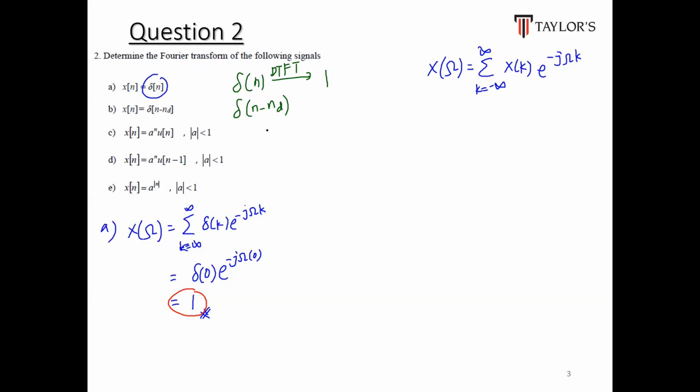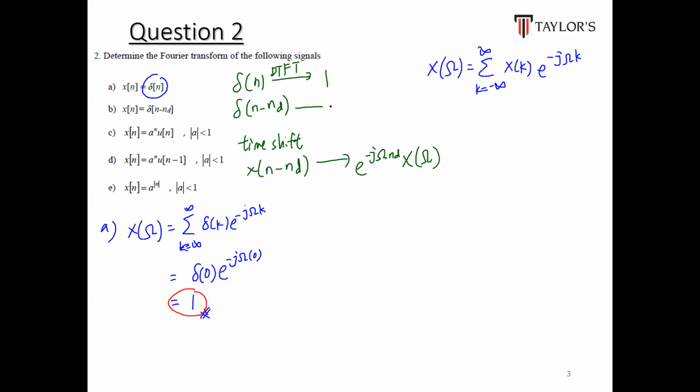In this case, we need to apply the time shift property. You can refer back to your lecture notes. When you have x[n minus nd], your discrete time Fourier transform will give you e^(-jωnd) multiplied by the Fourier transform of it.